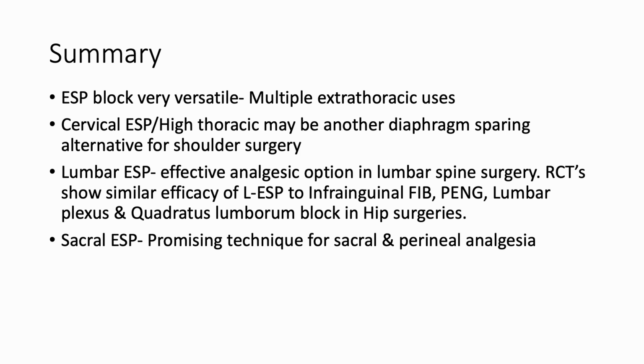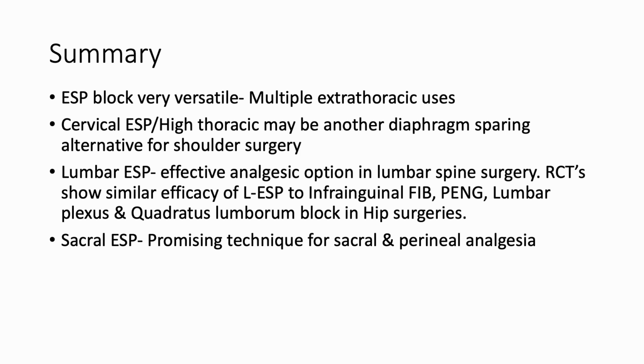In summary, the erector spinae plain block is a very versatile block with multiple extrathoracic uses. The cervical ESP block or high thoracic ESP block may be another diaphragm sparing alternative for shoulder surgery. The lumbar ESP block is an effective analgesic option in lumbar spine surgery.